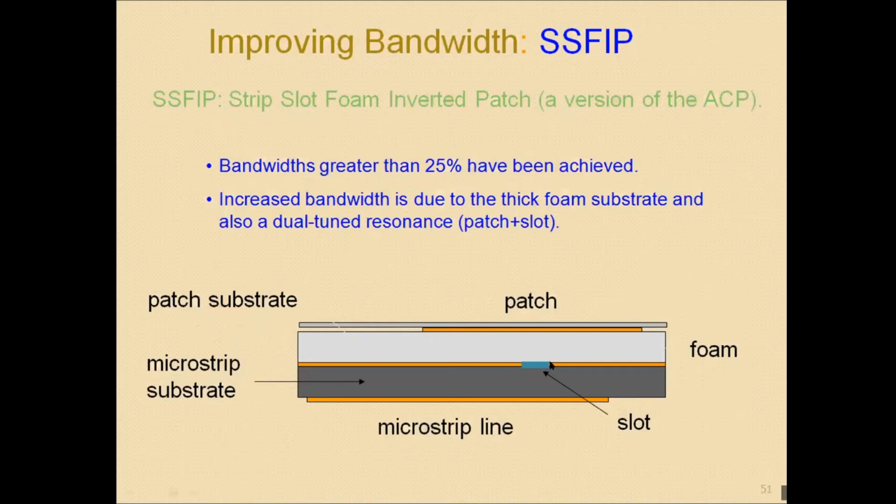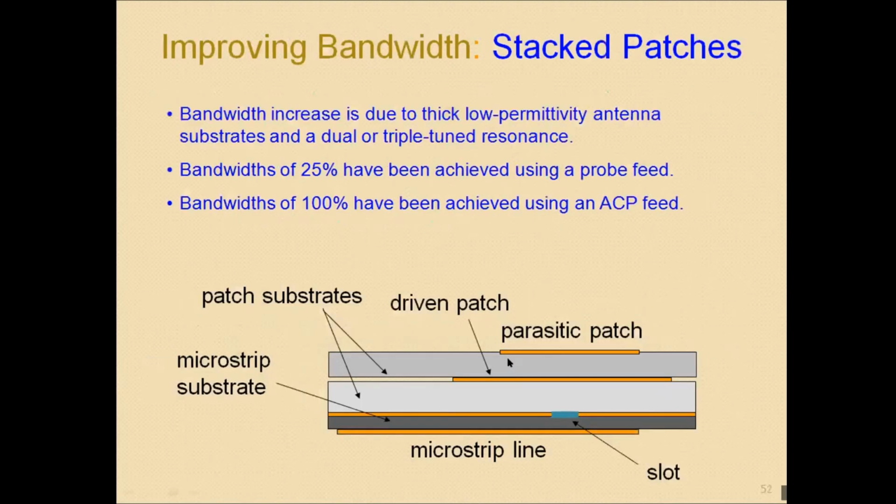The slot is introduced at this point. We can construct many layers with the help of stacked patches. Low permittivity antenna, triple tuned resonance. We can use the probe feed.